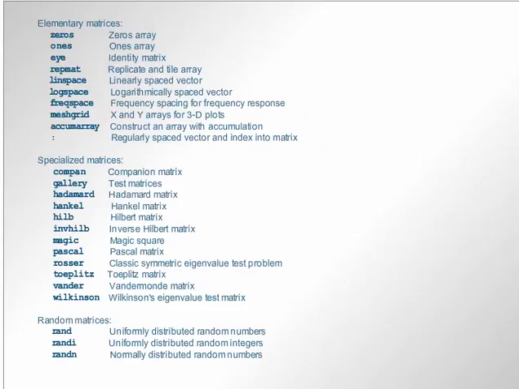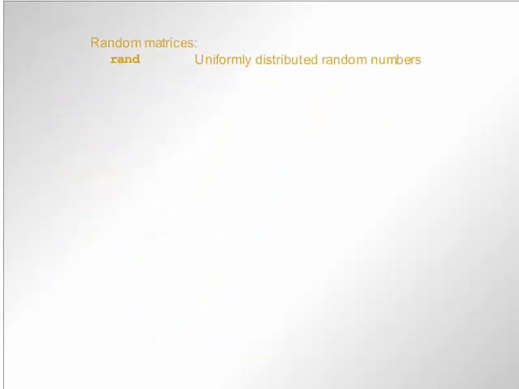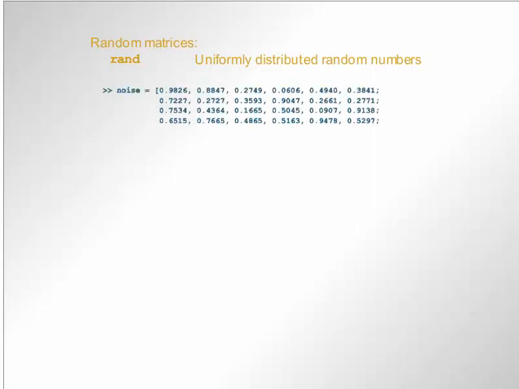MATLAB has a number of matrix creation functions to create variables. For example, if you need to add noise to the gas prices dataset and need to create a matrix of random numbers, instead of typing a long command and entering data manually, you can use the rand function.